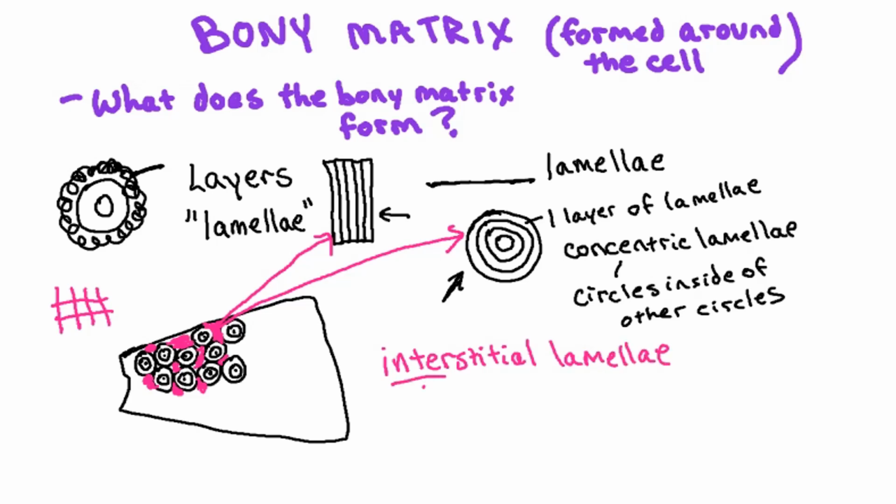And remember, inter just means between. So the lamella that comes in between these circular units are called interstitial lamella. The circular units themselves are made up of concentric lamella.